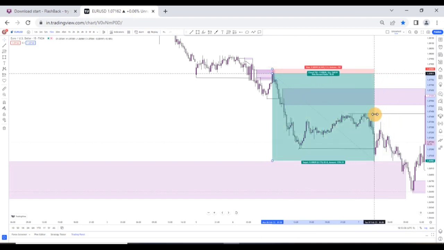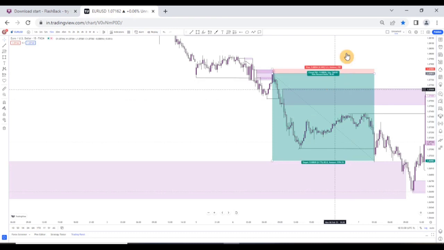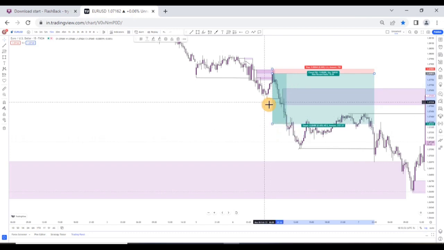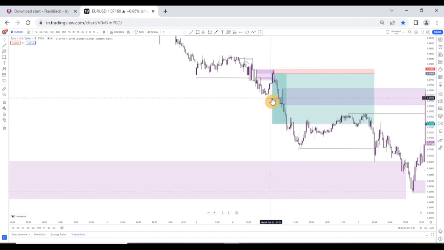But actually I didn't hold all of my volume to this zone here. No, I won't do that. I actually banked my profit when I got a 1 to 10, isn't it? So where was that? Okay, here I banked a lot of my profit when I got a 1 to 10, and this was my break even.